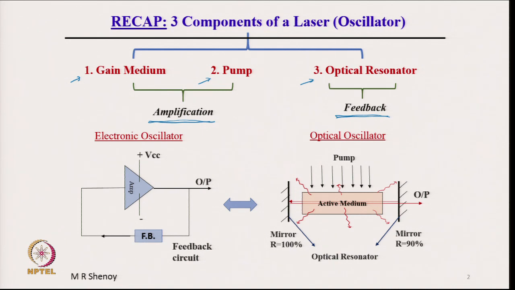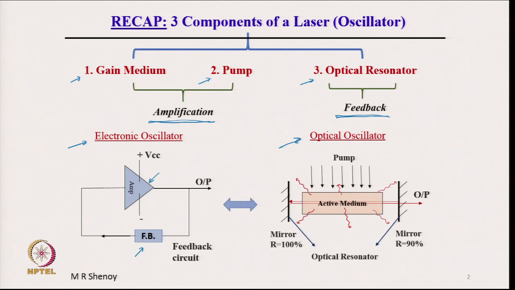Again, a very quick recap of the equivalence between an electronic oscillator and an optical oscillator. The electronic oscillator is a source of RF and the optical oscillator is a source of radiation at optical frequencies. There is an active device, pumped or powered by a power supply, and a feedback circuit which provides feedback to the active device.